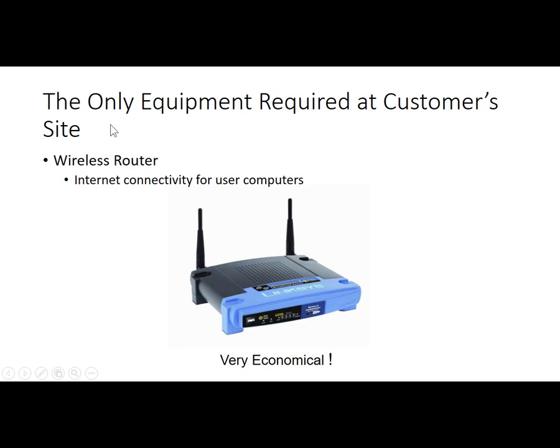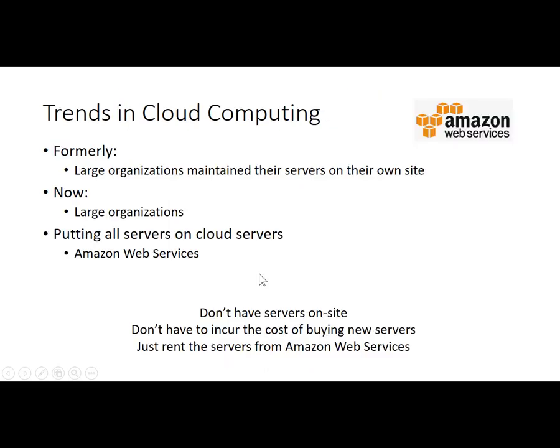And what this means is that the only equipment required at the customer's site is simply a wireless router which can provide internet connectivity for the users and their laptops. Very economical. In your business, the only equipment required at the customer site is simply a wireless router for connectivity. You don't need a server room. There aren't going to be any servers at your location anymore. Why not?